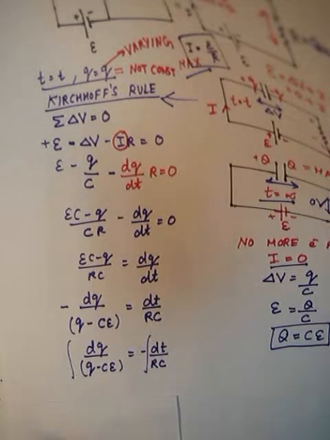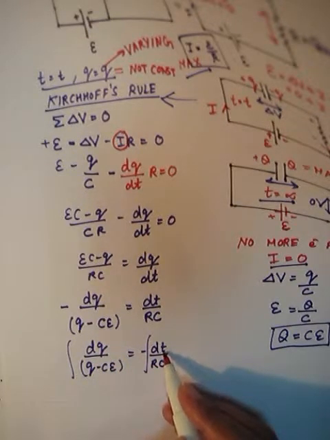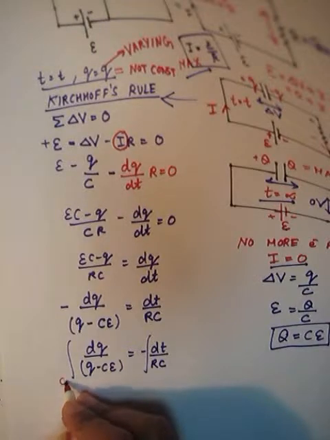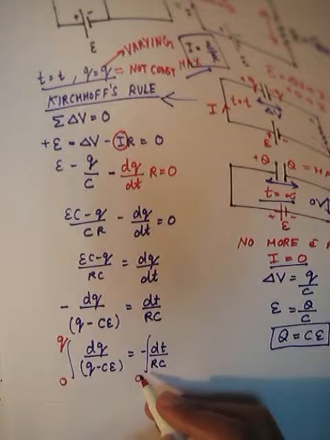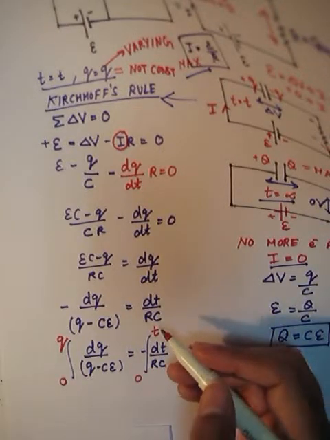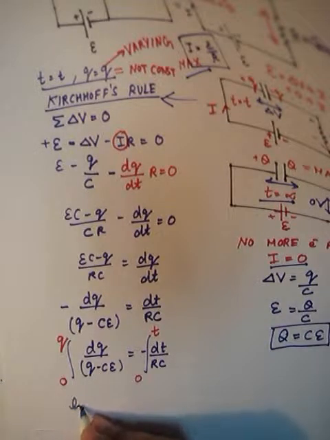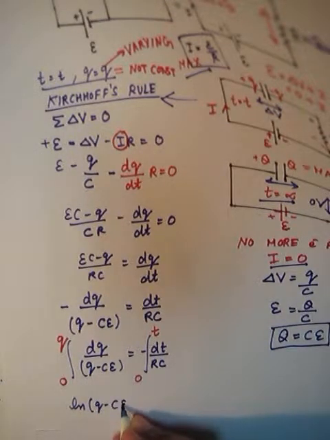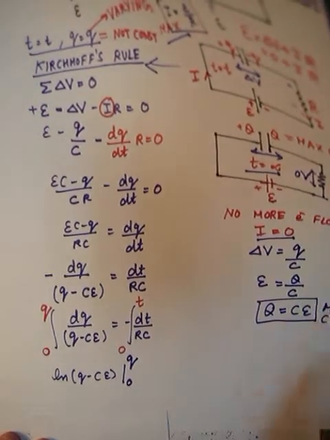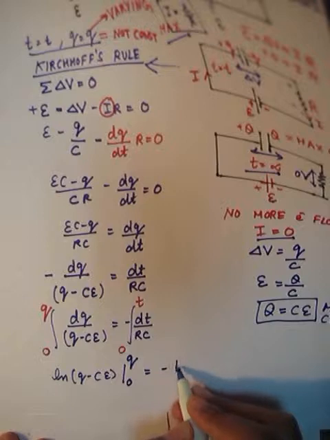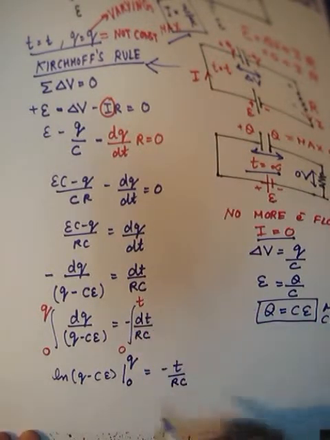So we can take the integration. Here the integration is on charge, and here the integration is on time. Because we are moving from charge 0 to charge q and time 0 to any time t, this integration turns out to be log of (q minus C epsilon) from 0 to q, which will be equal to minus t upon RC after putting in these values.